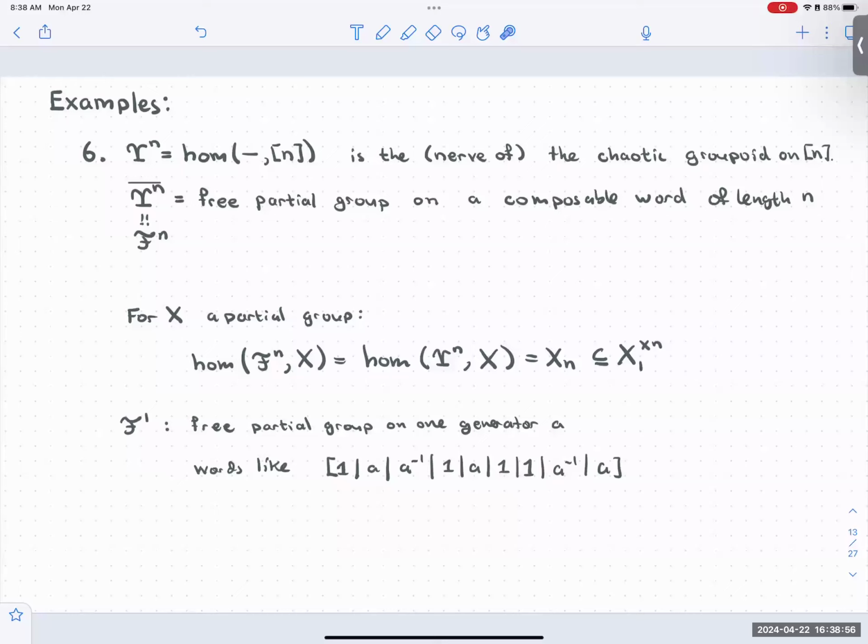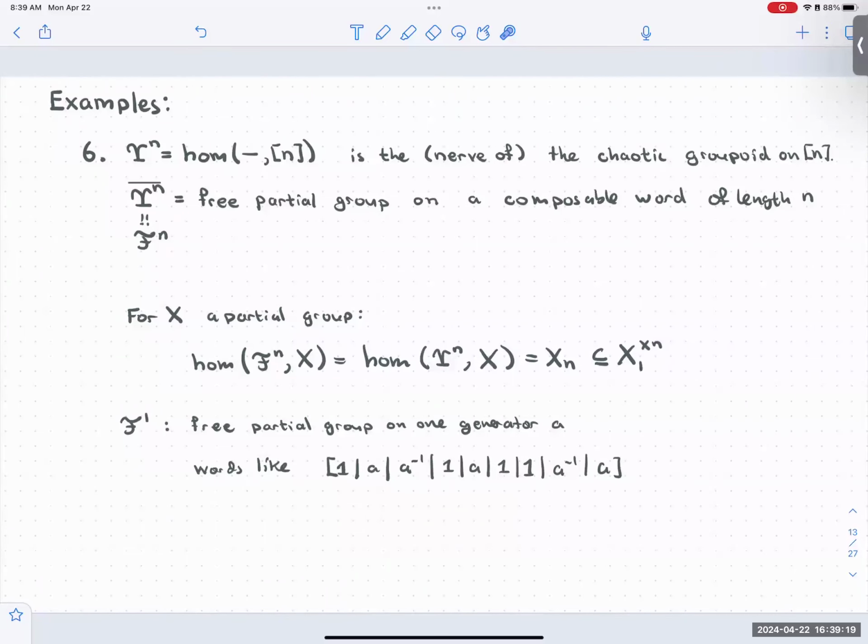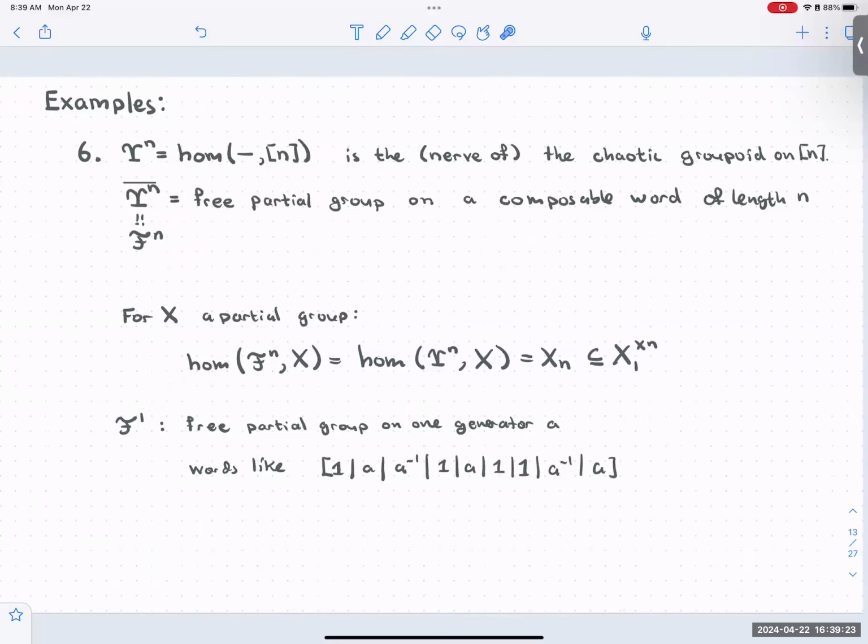For example, in the reduction of a groupoid, I might have a morphism that I can't multiply with itself because its source and target are different. So it really has words that alternate between A and A inverse, maybe with some identities thrown in the middle. So it's nice to have this around, because then you can do kind of co-representable arguments or something.